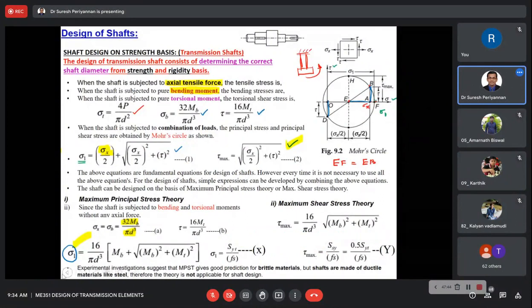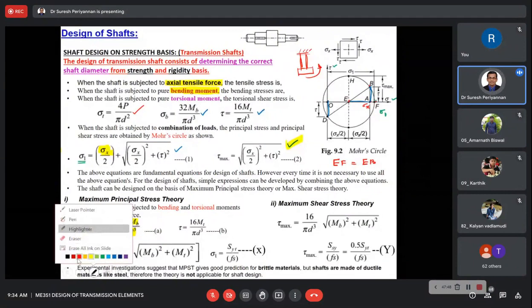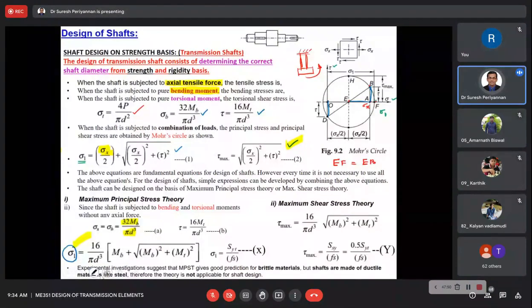Now see here, the left hand side is sigma 1. How can I define sigma 1? We already discussed in DME, design of machine element.